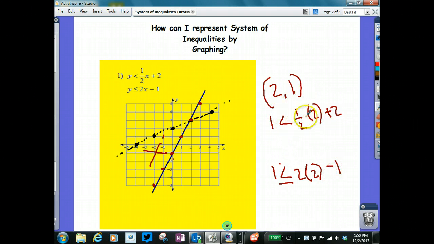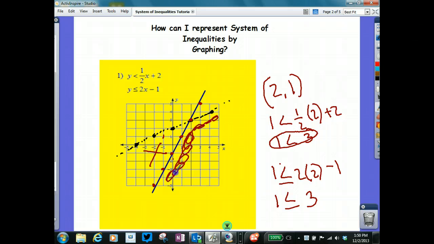So 1 is less than 1/2 of 2, which is 1, plus 2. 1 is definitely less than 3. And 1 is less than or equal to 2 times 2, which is 4, minus 1, which is 3. So in this case, as far as the shading, it's all going to be right in here between these lines.